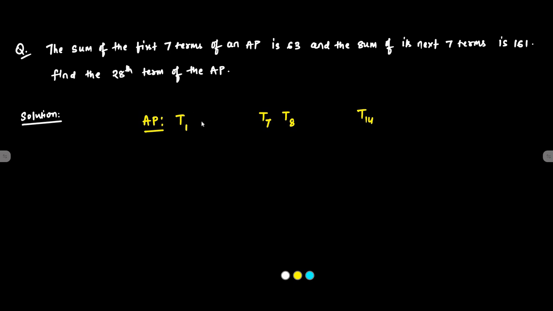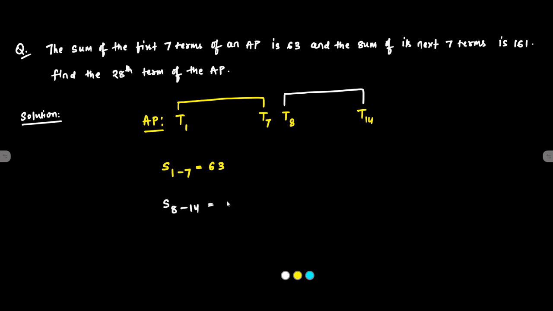It is given the sum of the first 7 terms from T1 to T7 is equal to 63, and the sum of the next 7 terms, S8 to 14, is equal to 161.